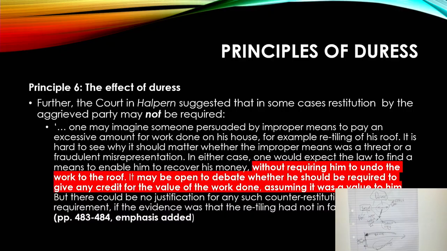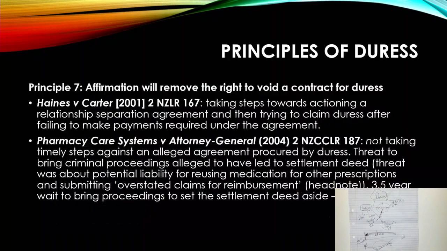Now, should they get the benefit of a half-tiled roof, or the benefit of the work that's been done? The court leaves it open. The court says, well, maybe we can do a partial return, like a credit kind of thing, but we're not going to tell you what that is. So, what does this mean for our purposes?